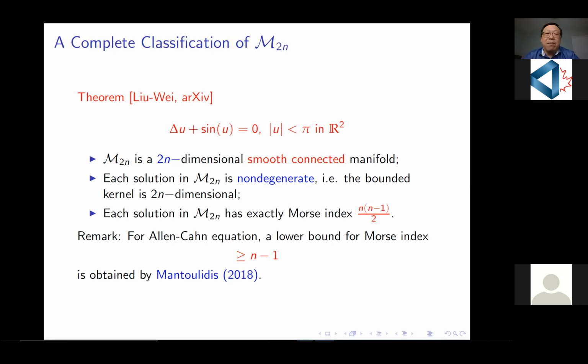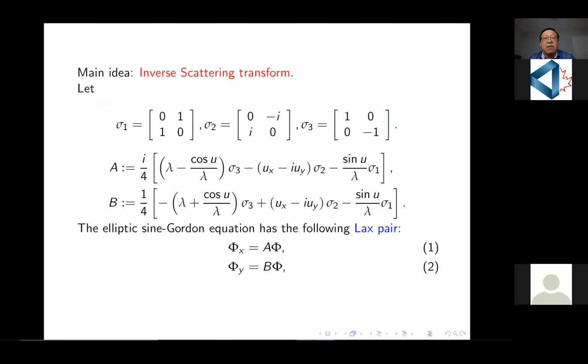We have a complete classification of 2n-ended solutions, so we have a complete classification of finite Morse index solutions. This is the fourth classification result. The main idea of the proof is inverse scattering.